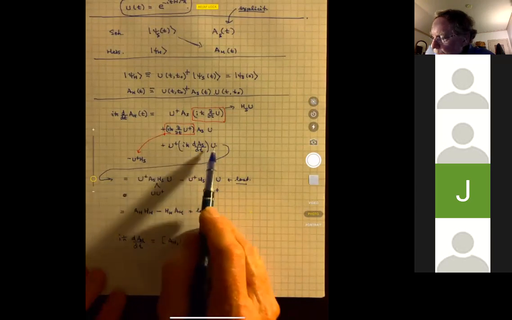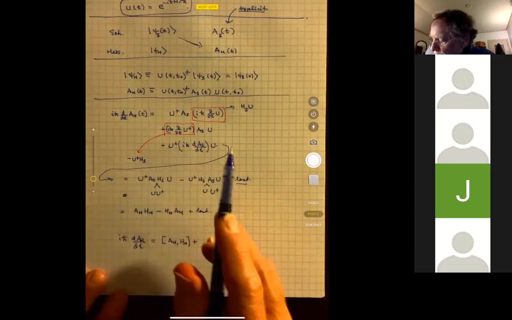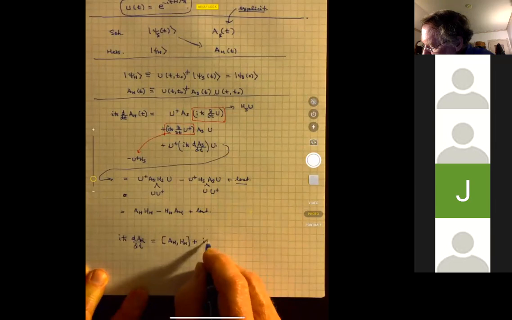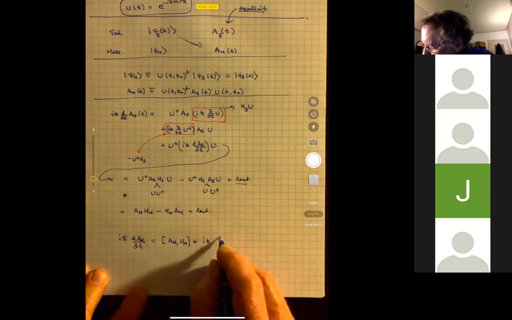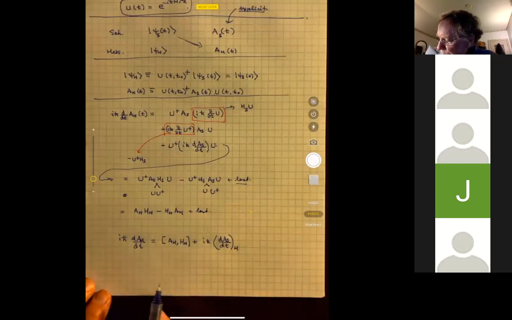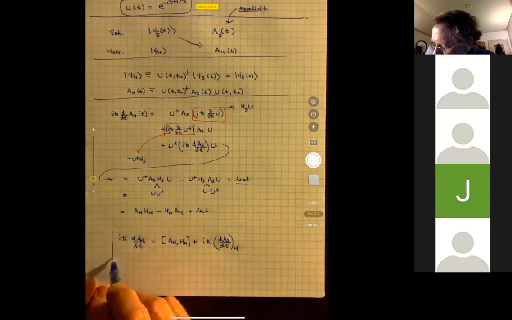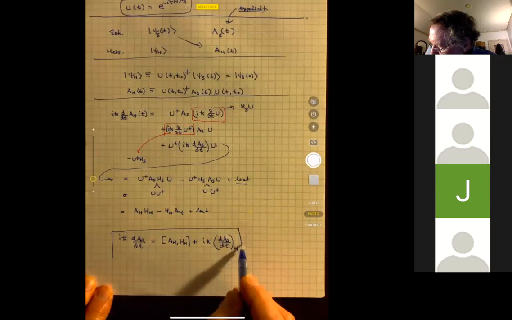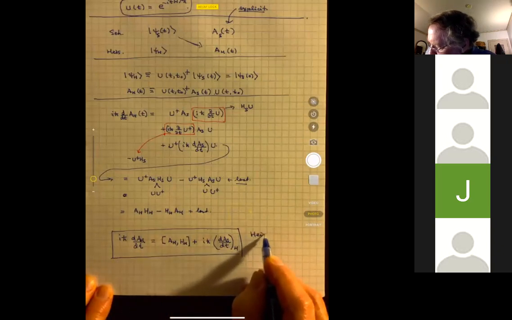And then conjugating by U dagger converts it into the Heisenberg picture. So let me write it this way, as iħ dA_S/dt, with parentheses like that and an H subscript. And that means compute the time derivative in the Schrödinger picture and then convert into the Heisenberg picture. That's the meaning of that formula. All right, so these then are called the Heisenberg equations of motion.